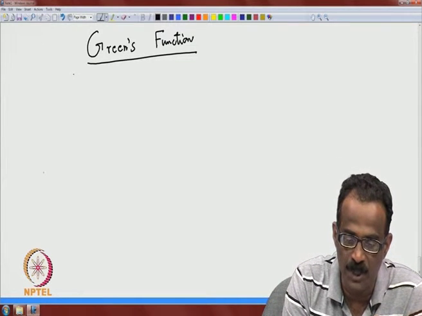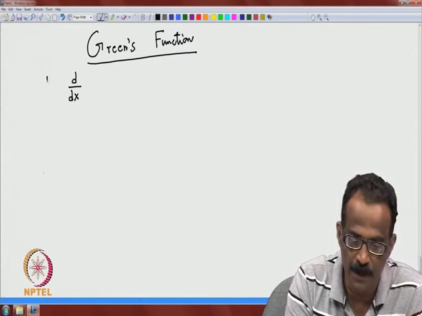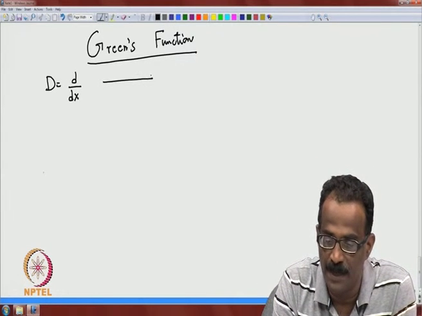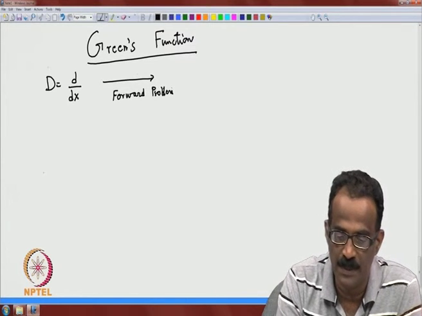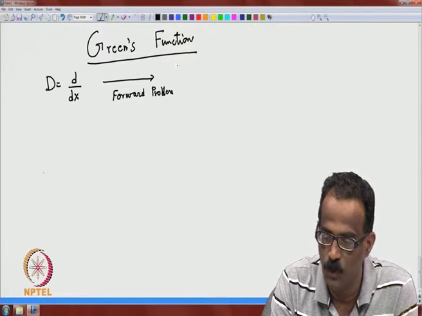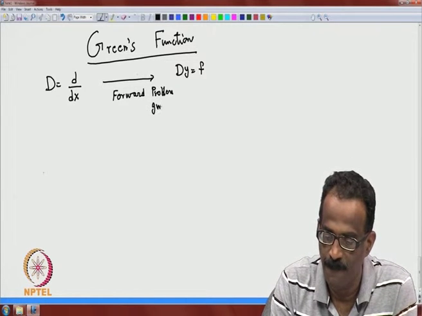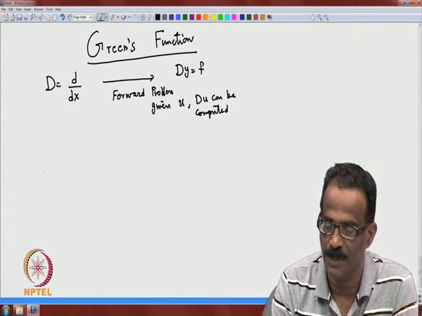So, let us start with the differential operator d by dx. This is a differential operator which we are studying now, you are comfortable with that, and finding the derivative is a forward problem. You have already seen that forward problem. That means given u, du by dx equal to f can be computed; that is a forward problem, no doubt about that.